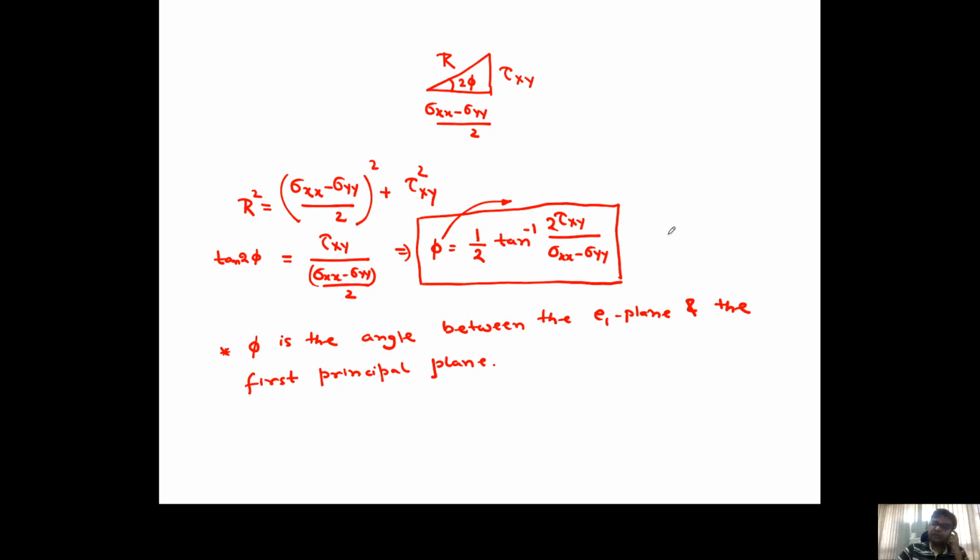So phi is the angle between the E1 plane and the first principal plane.